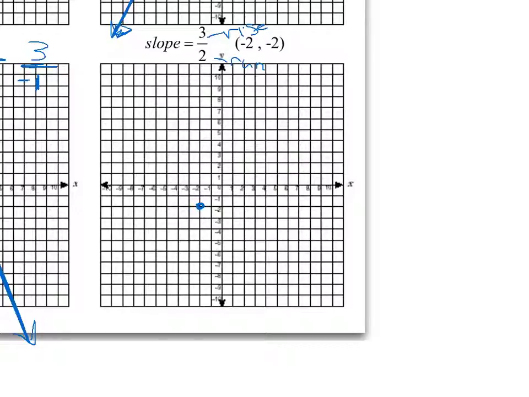What's the other way I can write this good date slope? Sage? -3 over -2. So we can follow either of those directions that we really want to. Rise 3, run 2. Or rise -3, run -2. Either is accurate. Either is fine.